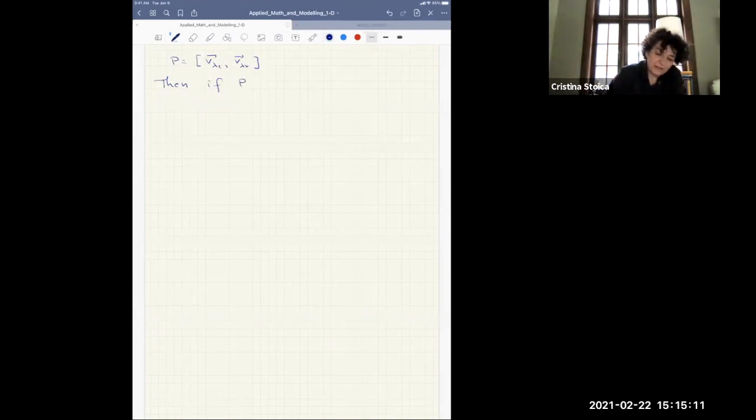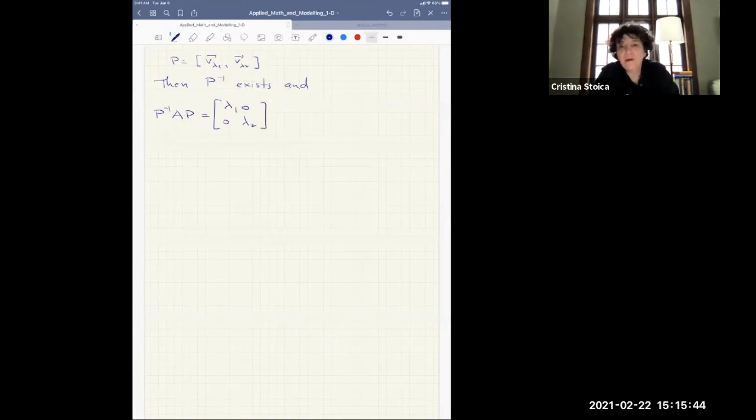If P minus 1 exists, the theory tells us that it exists. And we have the following: P minus 1 AP equals the diagonal matrix with lambda 1 and lambda 2 on the diagonal if lambda 1 and lambda 2 are real and distinct.